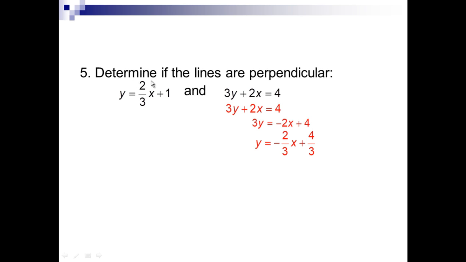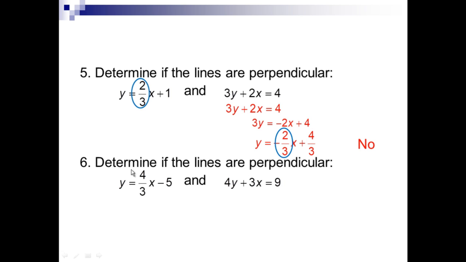From the first equation, we know that the gradient is 2/3. So, is it perpendicular or not? No, because when we multiply m1 and m2, it is not negative 1.